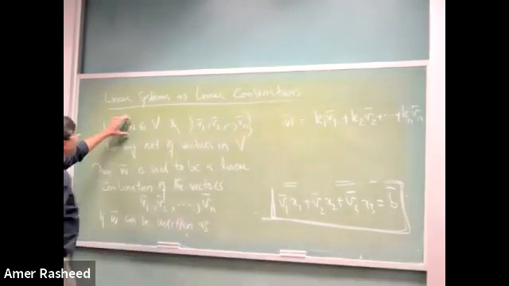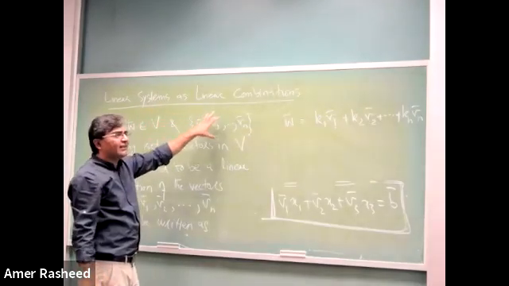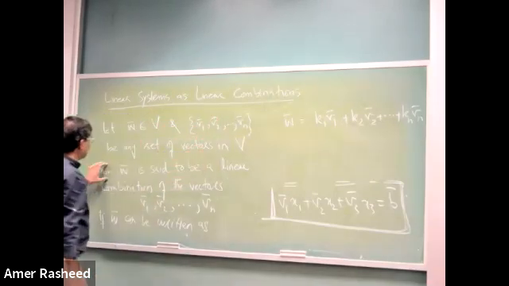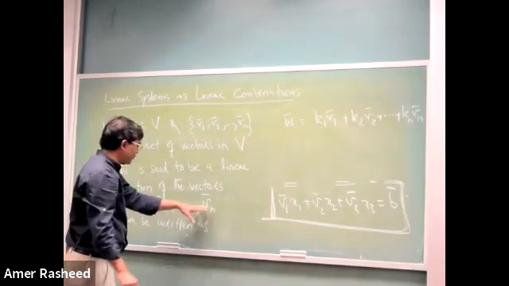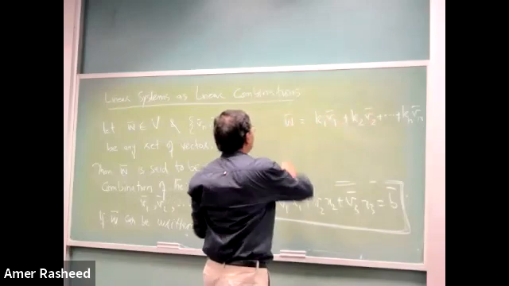So if we have a vector W which belongs to V, and some other vectors which are also elements of V, then we say that W is a linear combination of the vectors V1, V2, so on, Vn, if W can be written as this. Now, what is this basically?